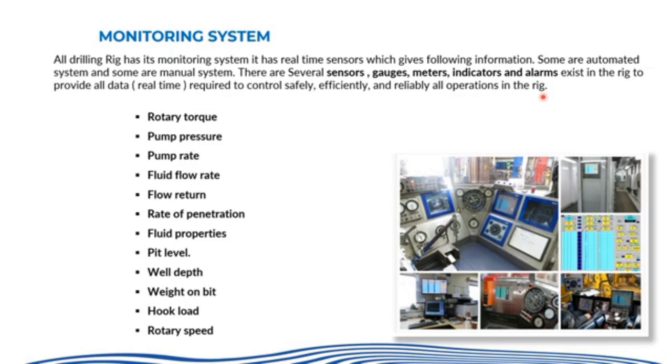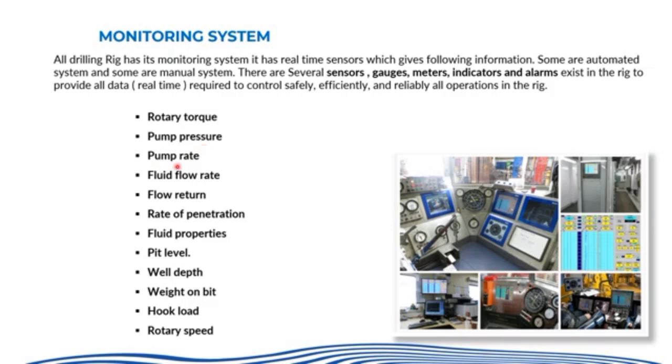The driller's console has a lot of instruments. The sensors are there, the gauges are there, the meters are there, which give real-time data about many things. For example, the rotary torque, okay, what is the torque of the rotation? Pump pressure, what is the pressure from which the pump is sending the drilling mud.